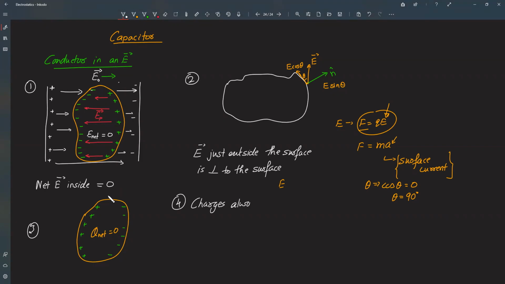Charges always reside on the surface of a conductor. There won't be any charge inside and outside the conductor, right? So whatever extra charge you give to a conductor, that charge will spread only on the surface.